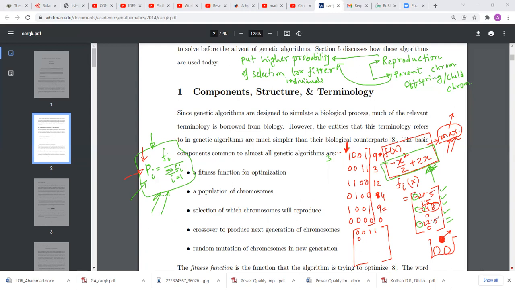Can anyone help? 0, right? 0 was 4. Okay, then 0 is another one, it has the same probability. 3 has the highest probability. This is purely picked on my own, arbitrarily. Of course, I am trying to put more emphasis on those who have higher probability.